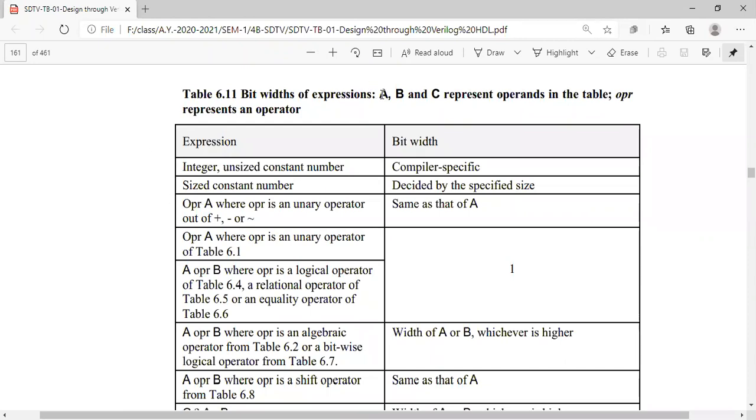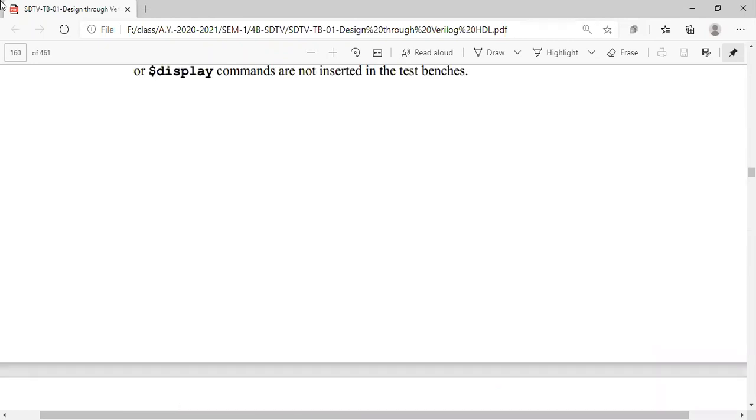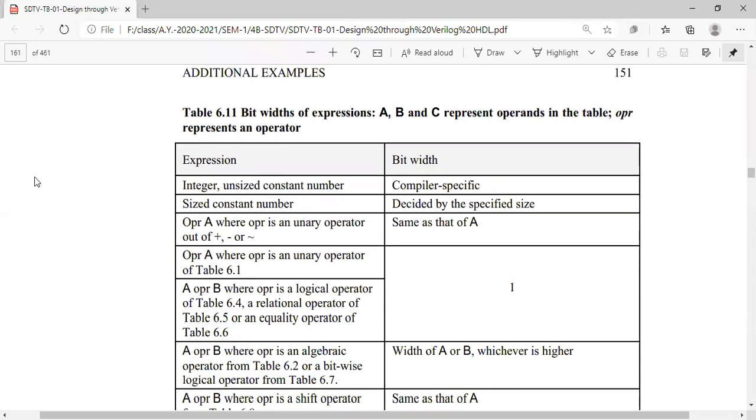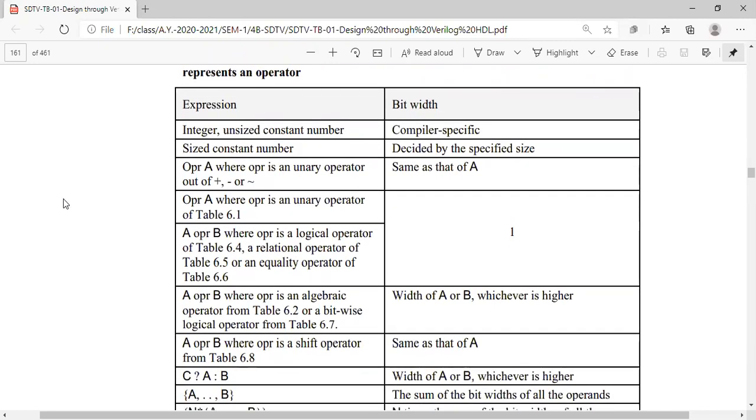So in the table, A, B and C represent the operands, and OPR represents the operator. With OPR as the operator and A, B, C as the operands, we are thinking of the final output result, how many bits it will have, right?